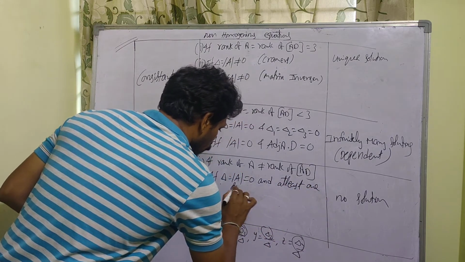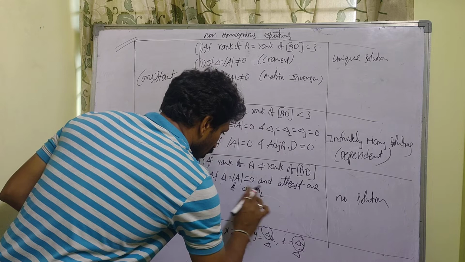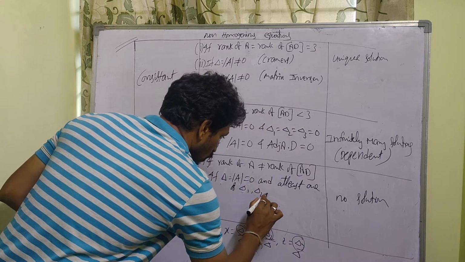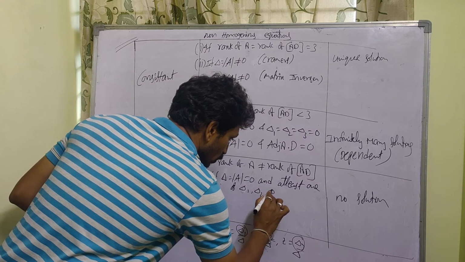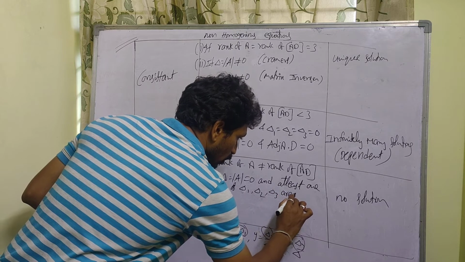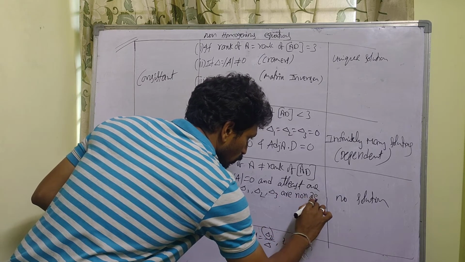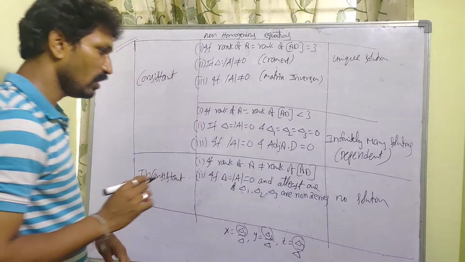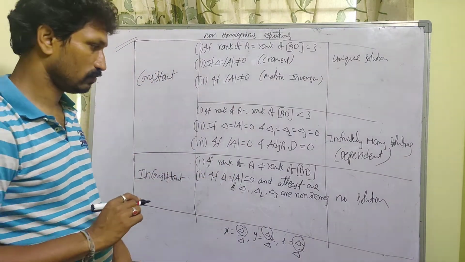At least one of delta 1, delta 2 or delta 3 is non-zero, then it has no solution.